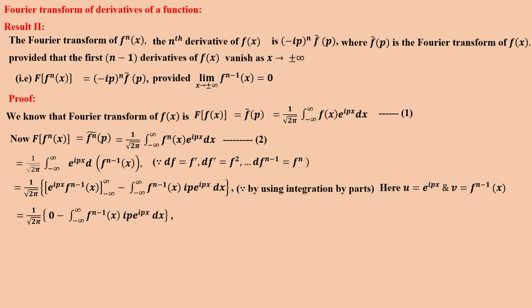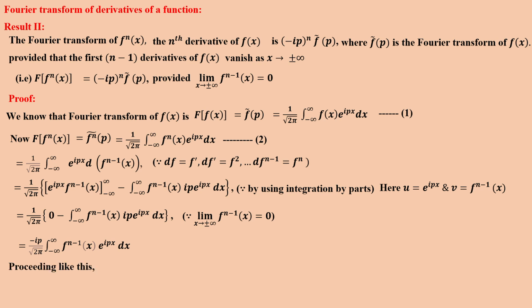So first term 0, so 1 by root 2 pi into 0 minus integral minus infinity to plus infinity f^(n-1)(x) ip e^(ipx) dx. Taking ip outside, minus is already there, minus ip by root 2 pi integral minus infinity to plus infinity (n-1)th derivative of f of x e^(ipx) dx.